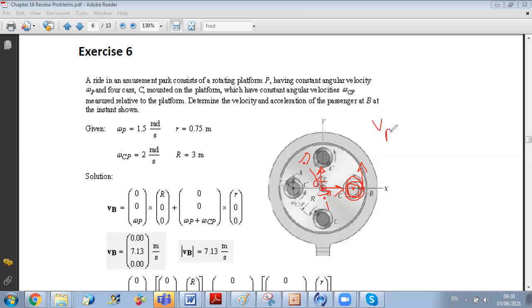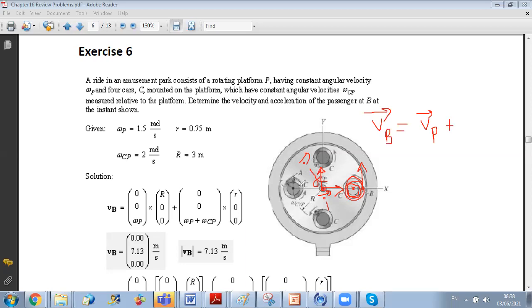And I can write that velocity of B is equal to velocity of point P plus, now which omega will I use? I will just use omega of the rotating frame.